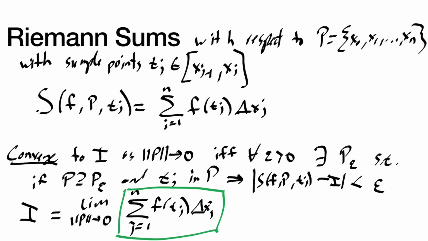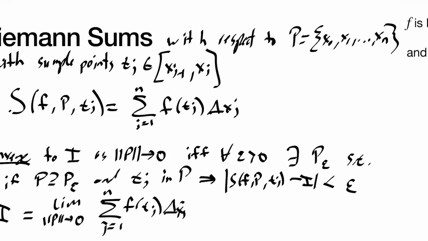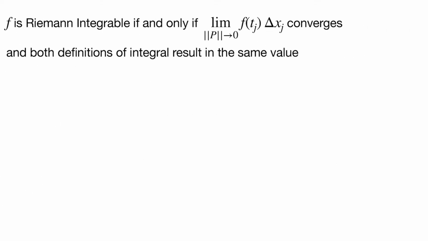The sum of F of the sample points times the deltas, this should be delta xj, the width of each of the intervals, and then you add all of those up. And then you take the limit as the width of those intervals goes to 0, and that's what the limit as the norm of P goes to 0 is.